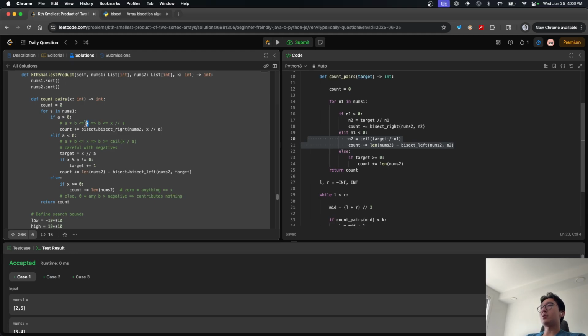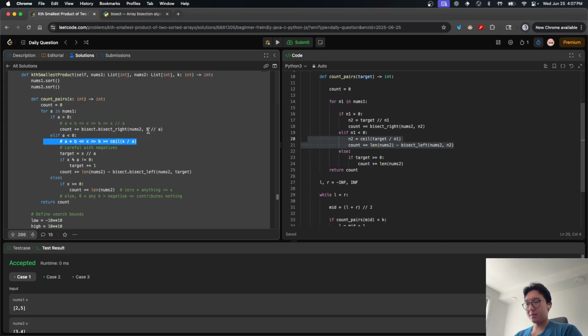If A times B is less than or equal to X, then B must be less than or equal to X divided by A. So B must be equal to the ceiling. I don't understand the ceiling part. Why do we need to take the ceiling?